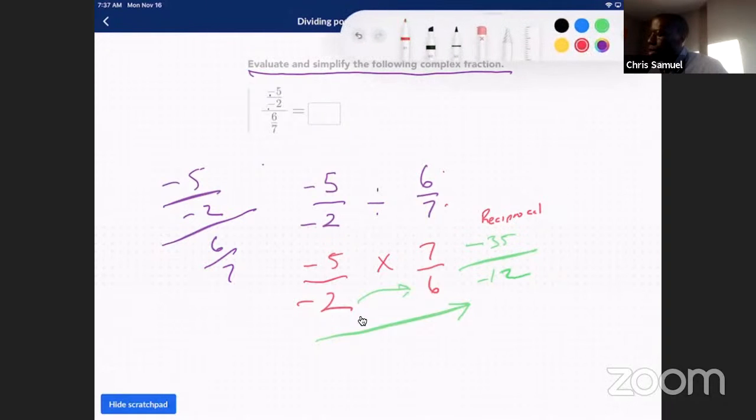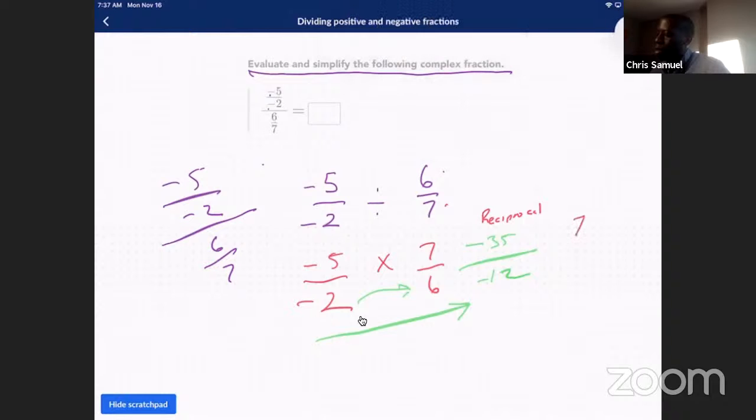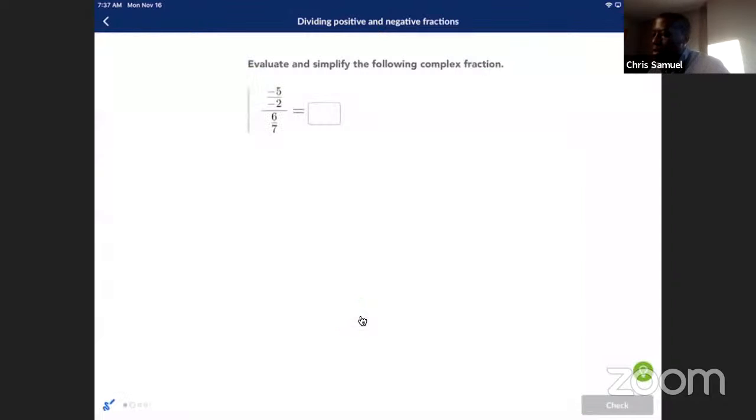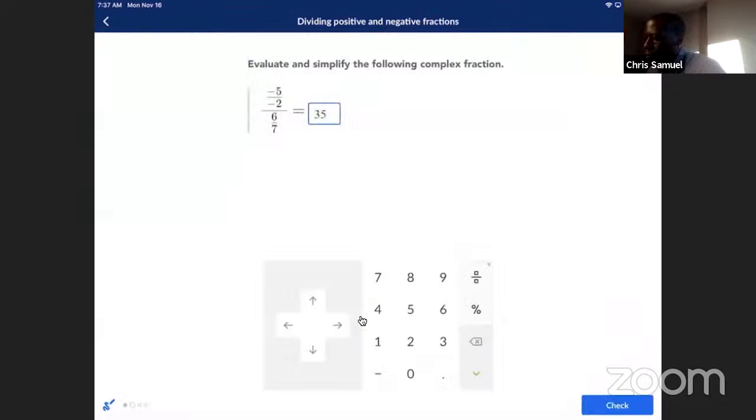Since we know that 5 goes into 35 7 times, and then 4 goes into 12 3 times, or 6 goes into 12 2 times. So what I'm going to do is put in negative 35 over 12.